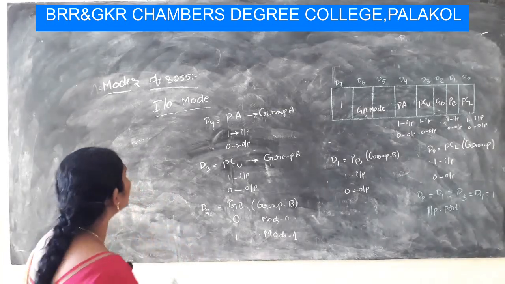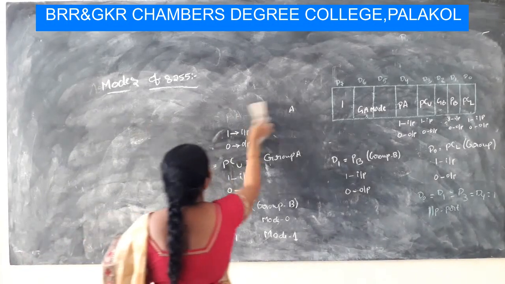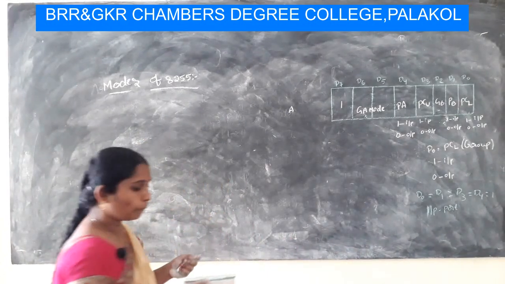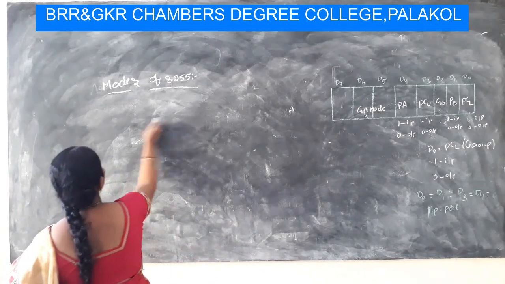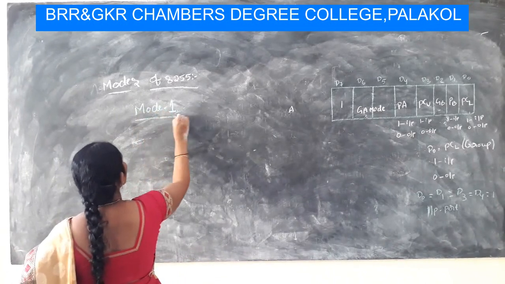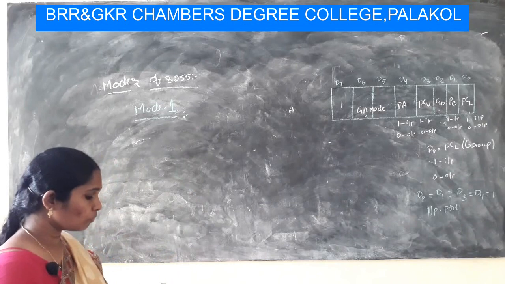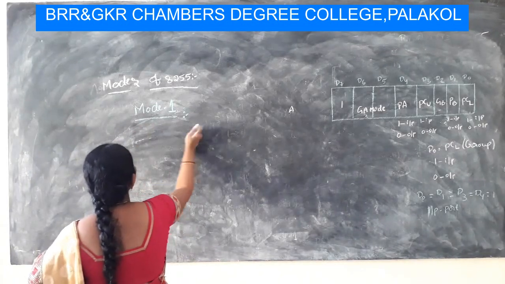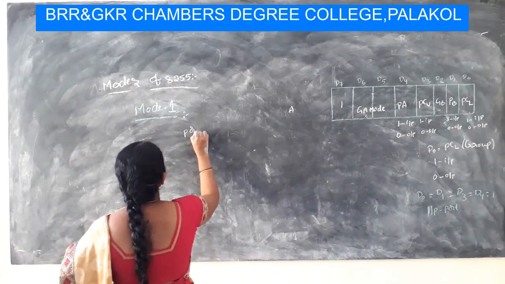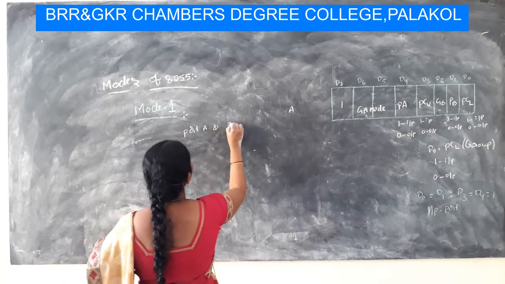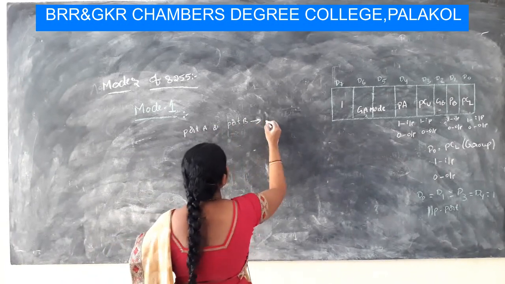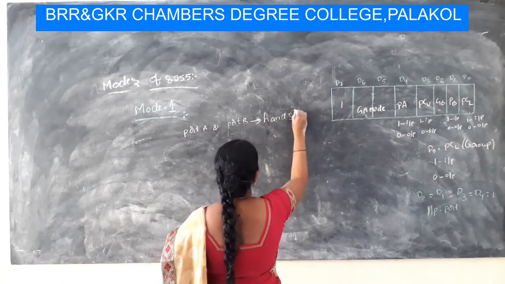The next one is mode 1. In this mode 1, group A and group B, that means port A and port B, are used as input and output ports, and they are used as handshake lines.